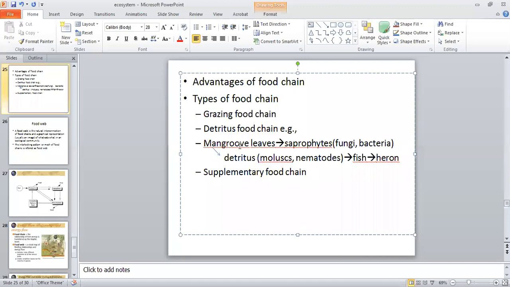So there can be two pathways for this food chain. One, this organic matter will be attacked by the saprophytes. Saprophytes will be fungi, bacteria, or protozoa, or it will be attacked by the detritus feeders, which will be certain animals.